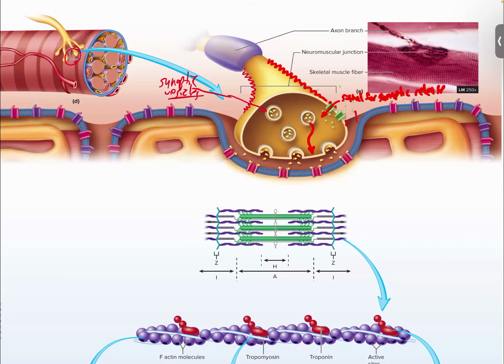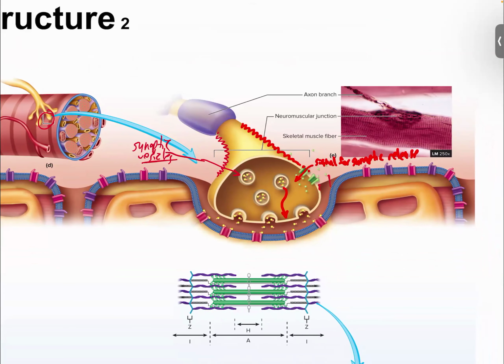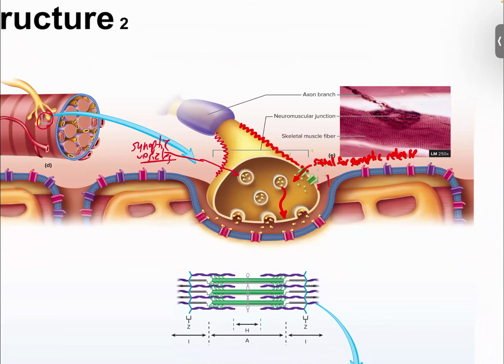So you can see you have here a two-part molecule, acetate and choline. And then on the other side, you have these ligand-gated receptors, ion channels, waiting for the acetylcholine. So acetylcholine is going to bind to these gates.